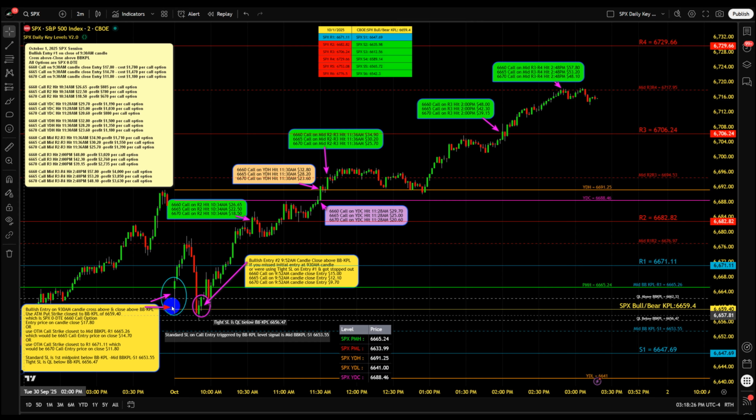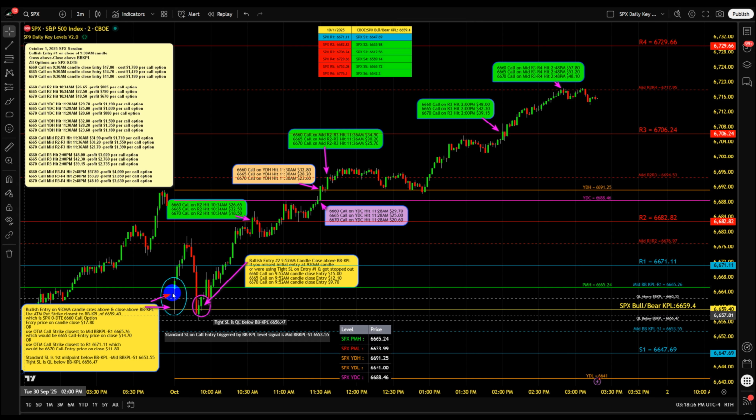Okay, so we have a cross above, close above on this opening candle here. So at this time, you have 3 different options as far as the call options that you can enter with. Your primary option is going to be an at-the-money call option, which is the at-the-money 0 DTE strike that is closest to today's BBKPL.